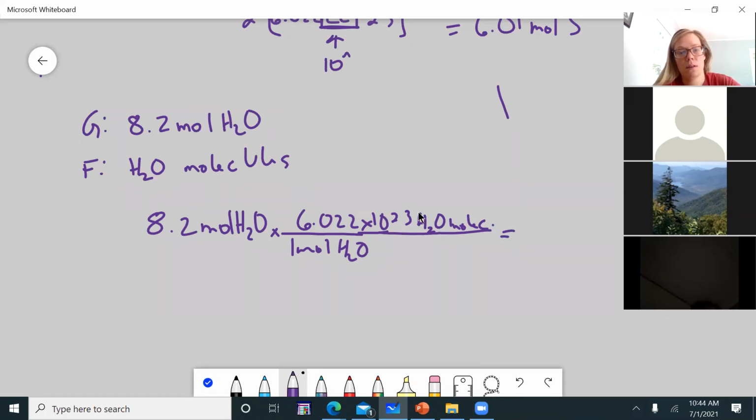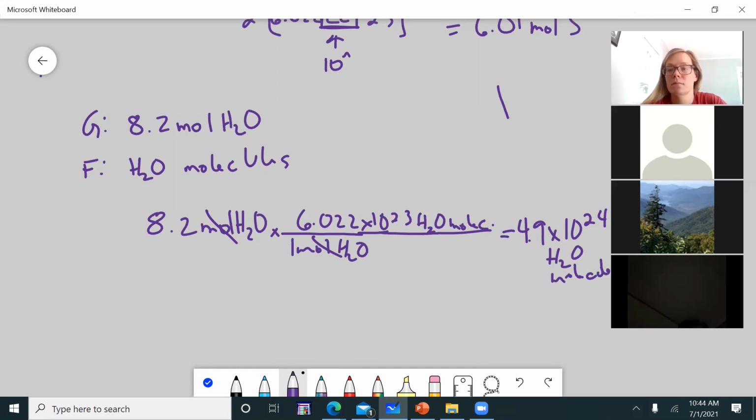So we want moles of water to cancel. I always check and make sure things are canceling, so I know I did it right. 8.2 times the 6.022 times 10 to the 23rd, and we get 4.9 times 10 to the 24th water molecules. Well, that's how you convert between moles and atoms or moles and molecules.